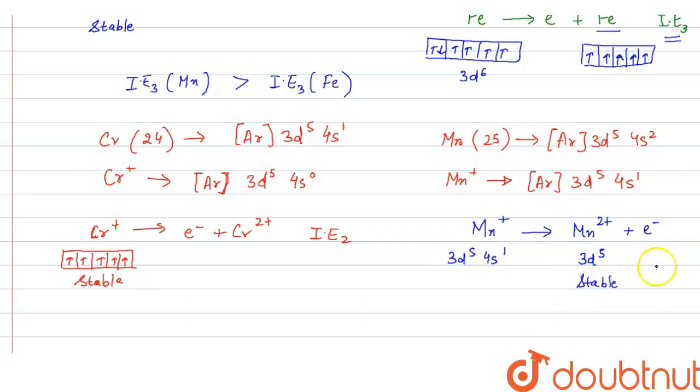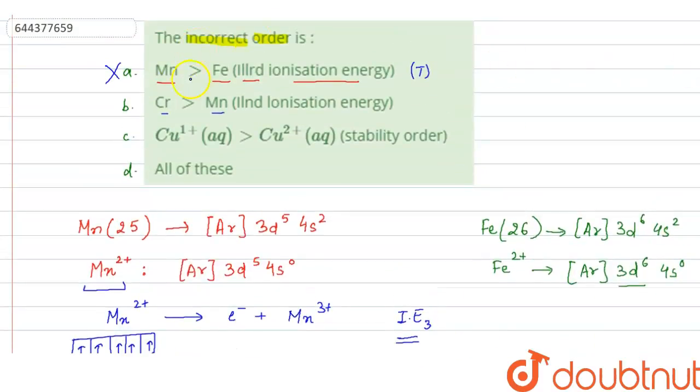So in this case, the energy required, that is ionization energy 2, will be less in comparison to chromium. So ionization energy 2 in the case of chromium will be greater than ionization energy 2 of manganese. So this is the correct order. This order is absolutely true, so this option is wrong.